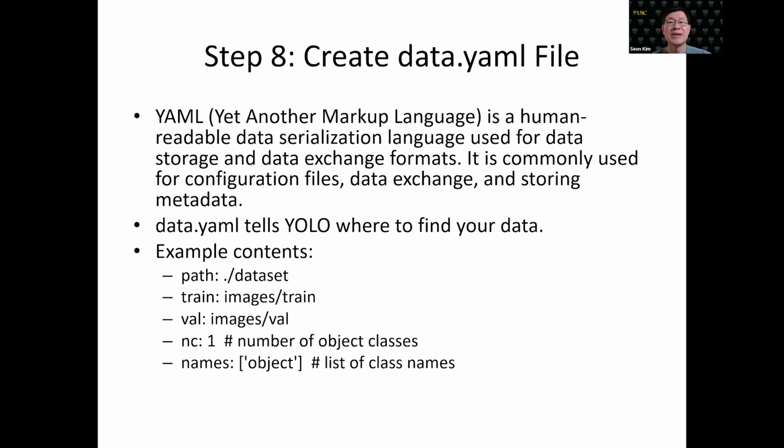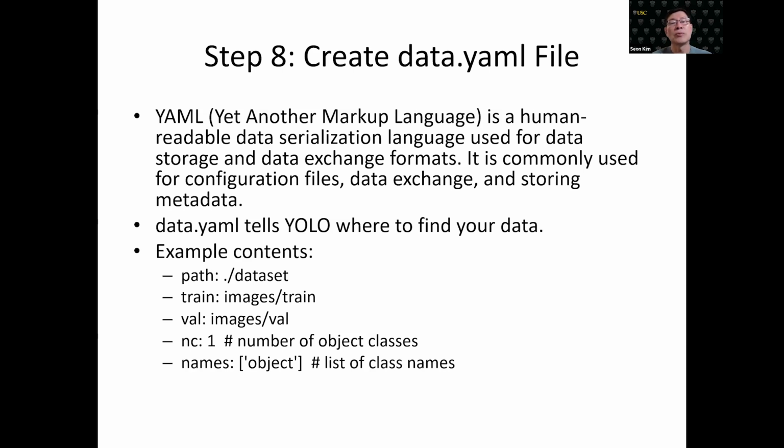This is a kind of text file, again human readable data. And it just provides some kind of information about data storage and data exchange format. So usually in computer science, we are using this kind of file to represent some configurations or data exchange or some kind of metadata.